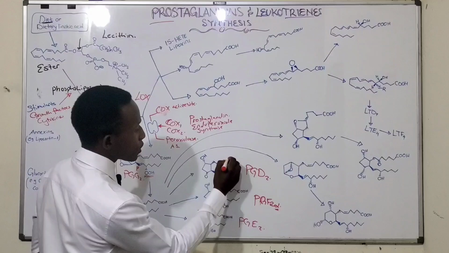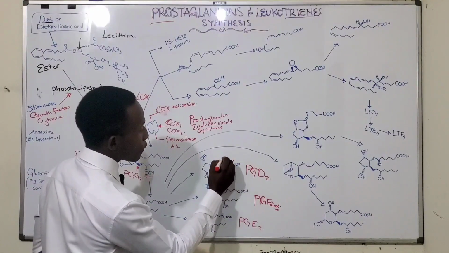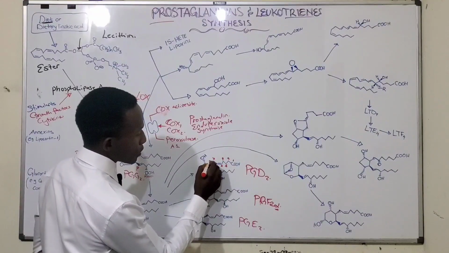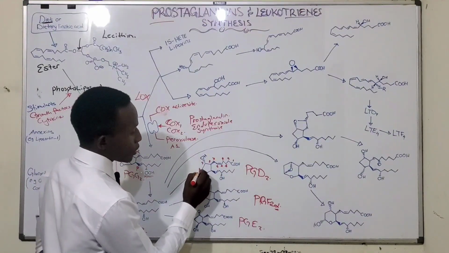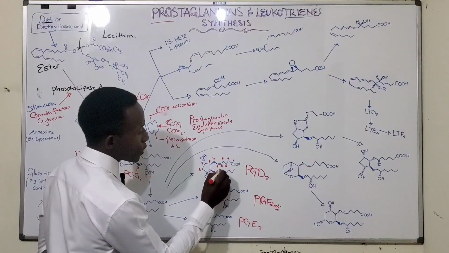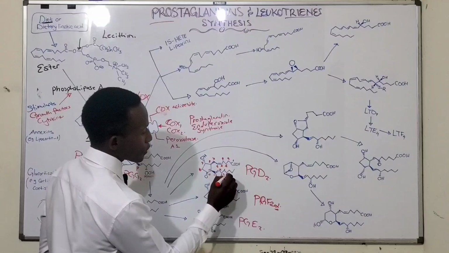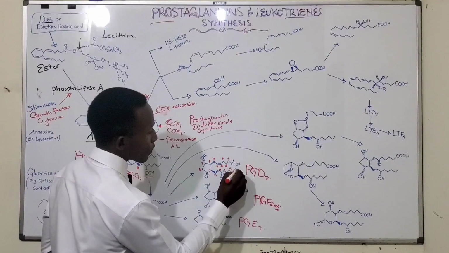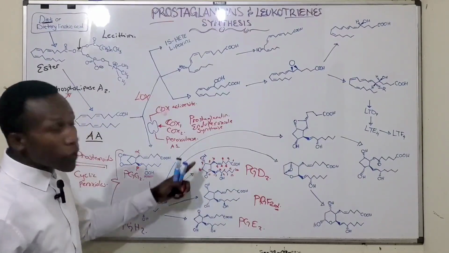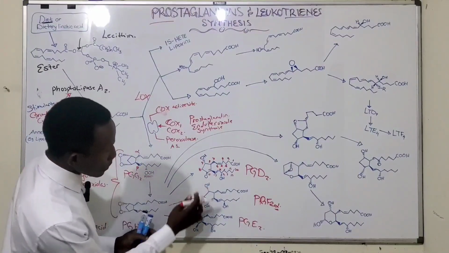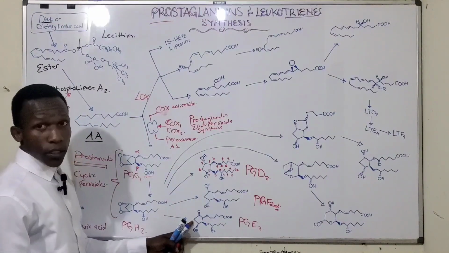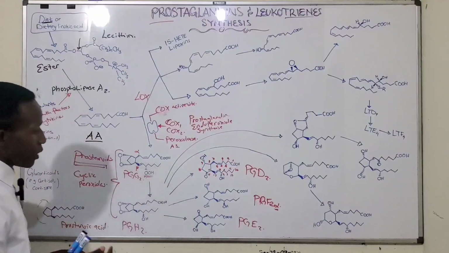This is position 1, this is 2, we have 3, 4, 5, 6, 7, this is 8, position 9, 10, 11, 12, 13, 14, 15, 16, 17, 18, 19, 20. So the positions matter. Here the hydroxyl is at position 9, but here it is at position 11. So that's the difference.